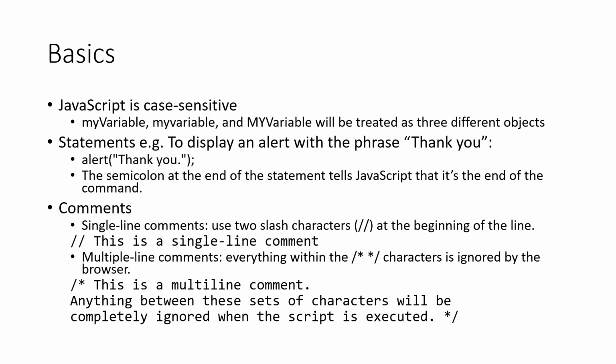Comments are always recommended when you're writing scripts, so that later on, if you want to know what you did, you can look back. So make sure that you use plenty of comments in your code. Single line comments can be included using two slashes, and for multi-line comments, you can use slash and asterisk.